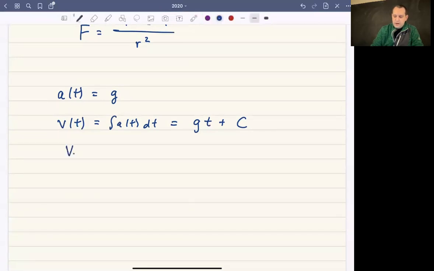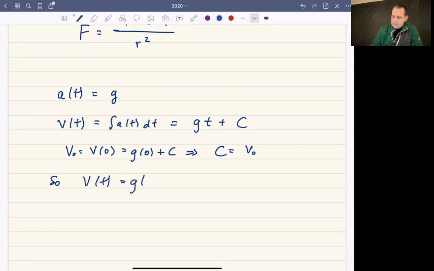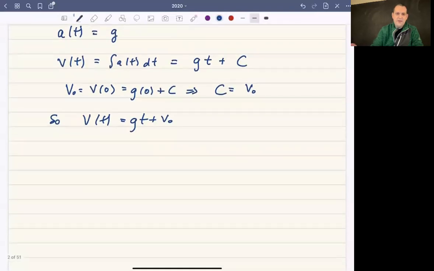So if we call v naught v of 0, then plugging in to get the initial value tells us that we have g times 0 plus c. In other words, this constant c is the initial velocity. So therefore, our velocity is going to be gt plus our initial velocity. So that's the formula if we have constant acceleration.